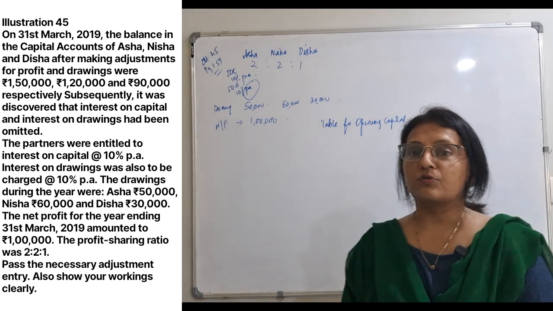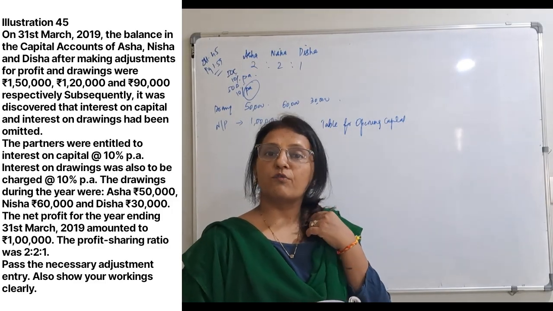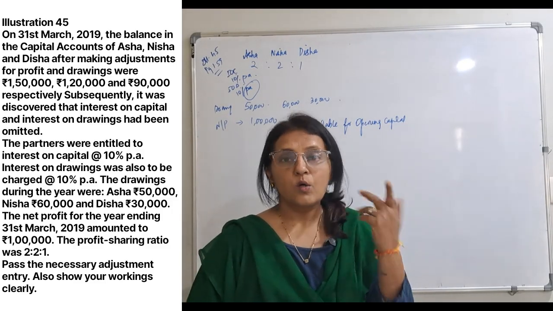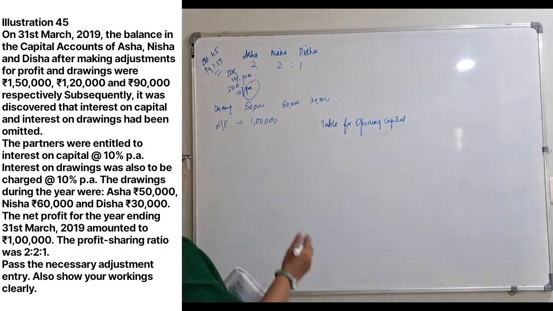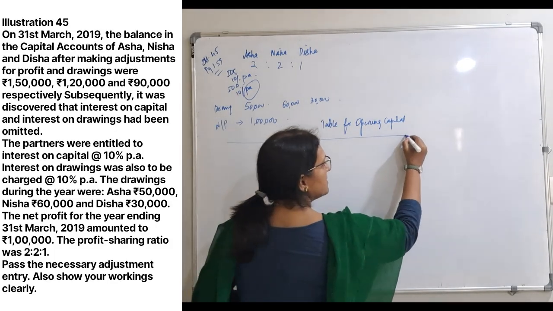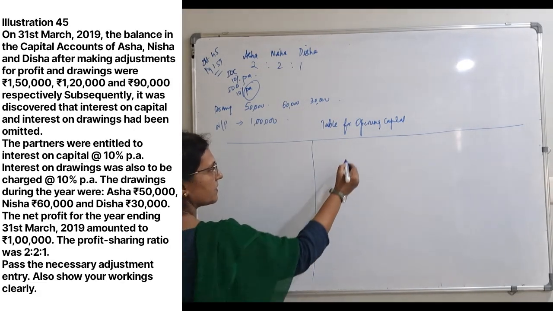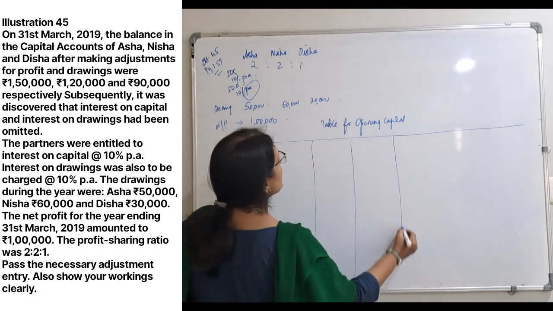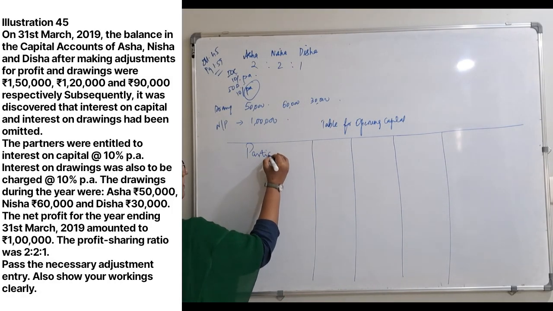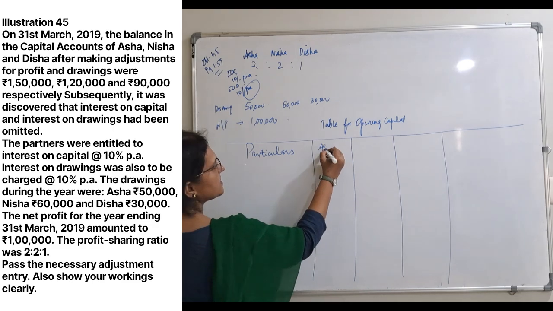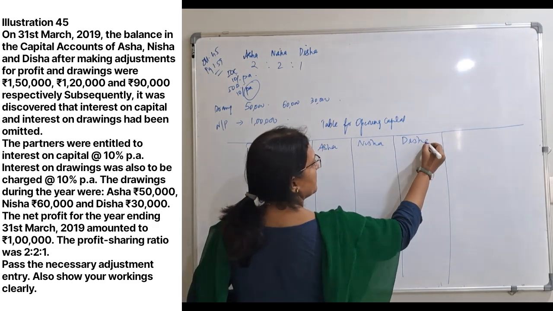I have already told you when we did this chapter, interest on capital, I have already shown you how to calculate the opening capital. You can just go to the video and check that. So these are the 3 partners. First column will be particulars: Asha, Nisha and Disha.